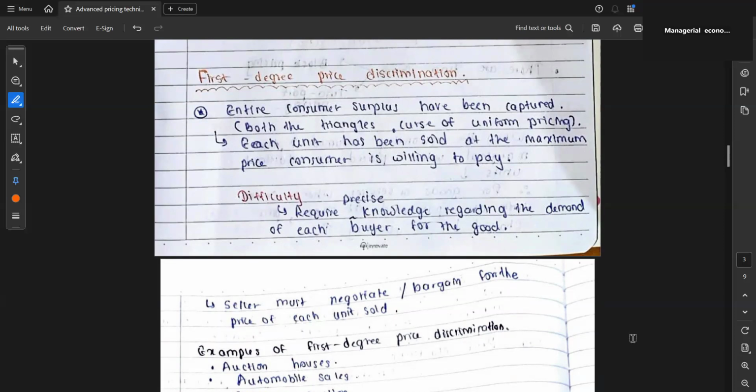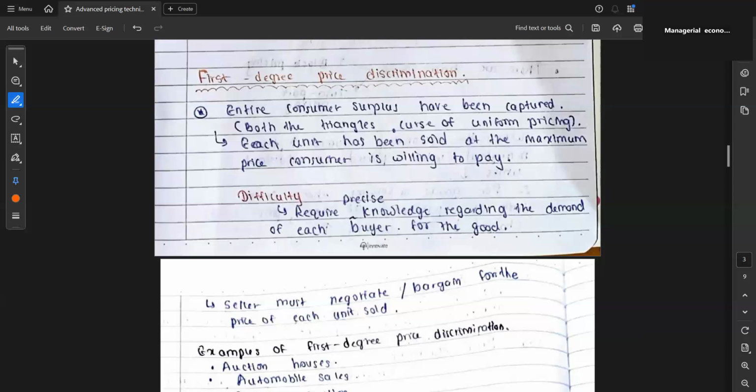That means the entire consumer surplus, both of those triangles, the cost of uniform pricing, have been captured by the firm. That is known as first degree price discrimination.